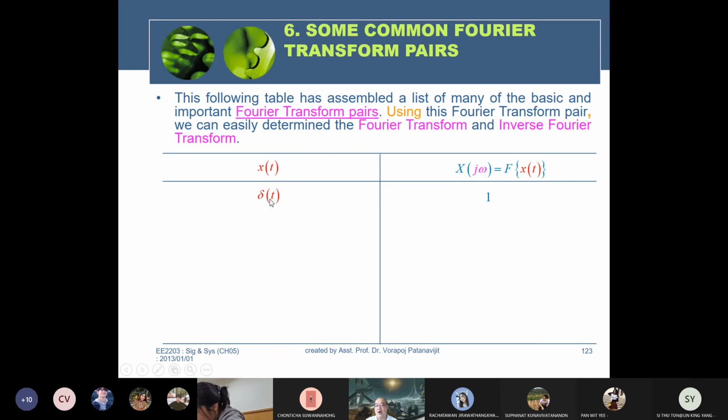The Fourier transform of the impulse gives you 1, or the inverse Fourier transform of 1 gives you the impulse. If the impulse is shifted, you can apply the shifting property. It equals multiplying by e to the minus j omega T, multiplied with 1, which gives you that term.